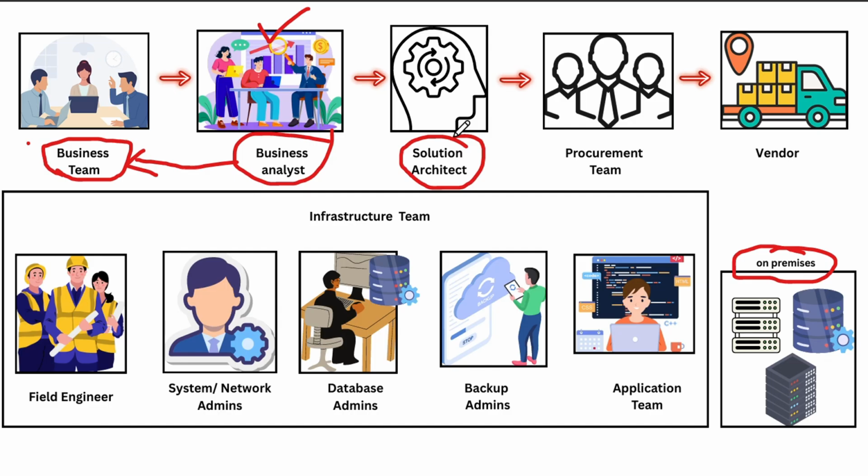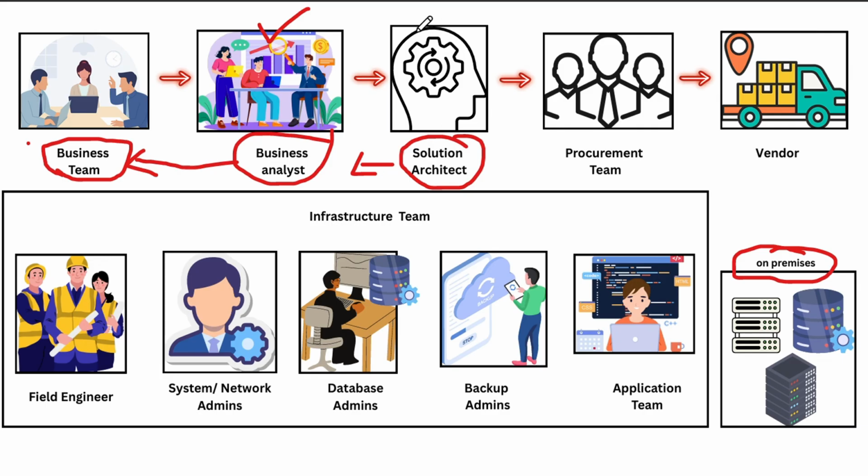He fixes all of these and frames one small architecture for how to implement the solution. He gets all the business requirements from the business analyst, and after getting them, he starts giving the solution for that particular application which the business team has given.